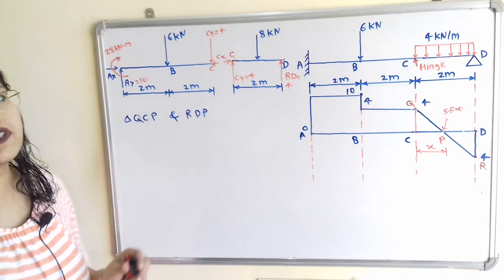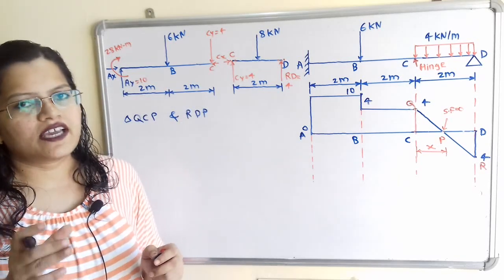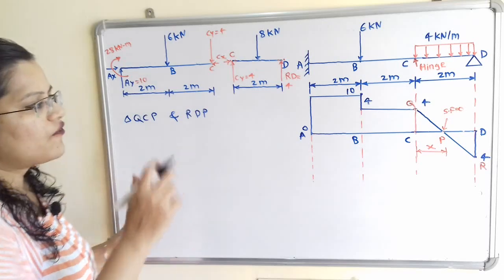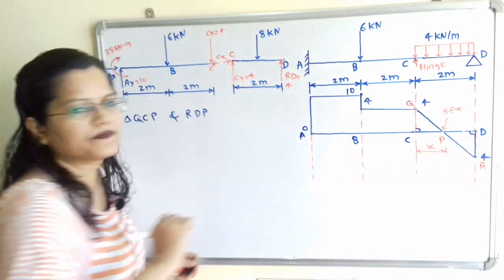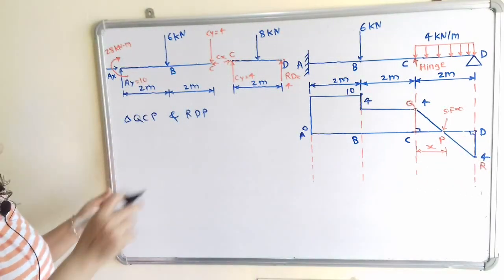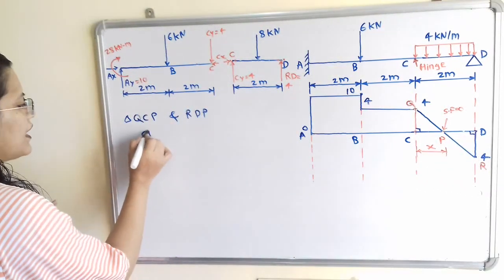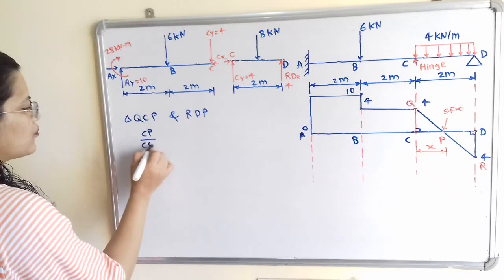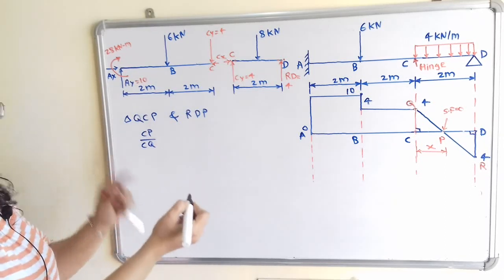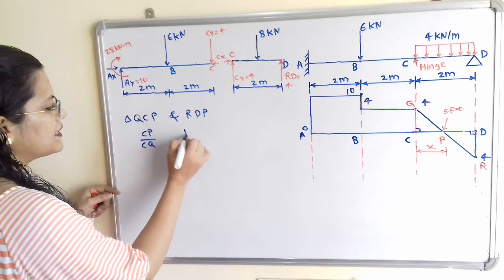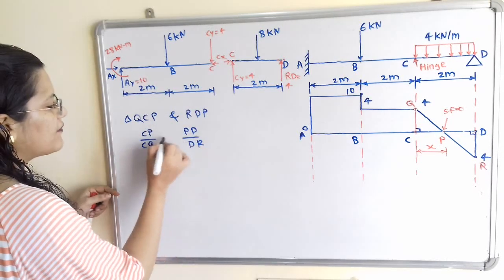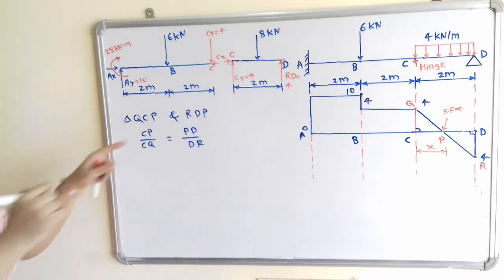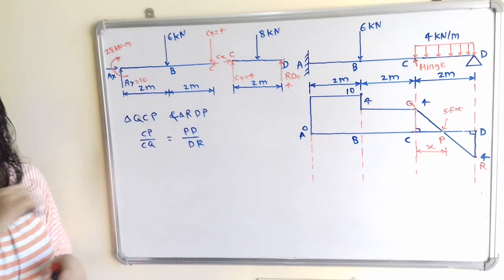Now for these two triangles, we will take the ratio of base to height. Now for these two triangles, here is angle 90 degree. Now base for the first triangle is CP and height is CQ. In the same way, for the second triangle, base is PD and height is DR. So we will equate this base to the height because these two triangles are similar triangles.